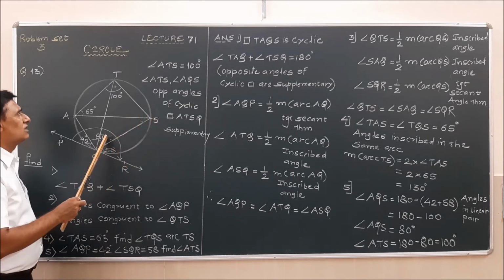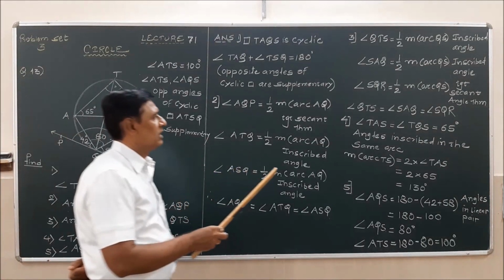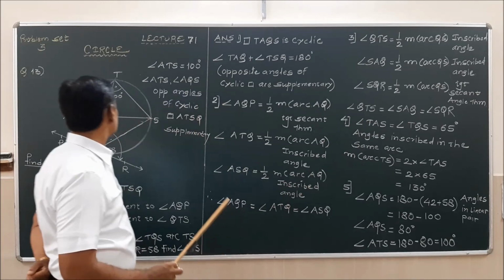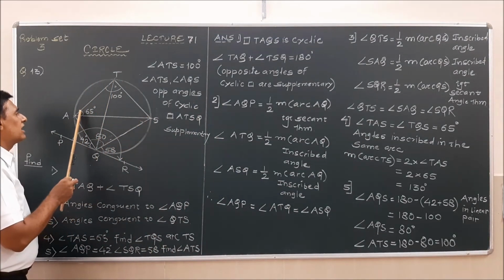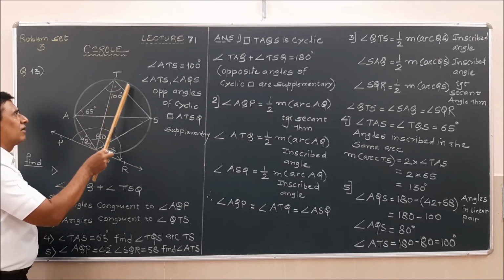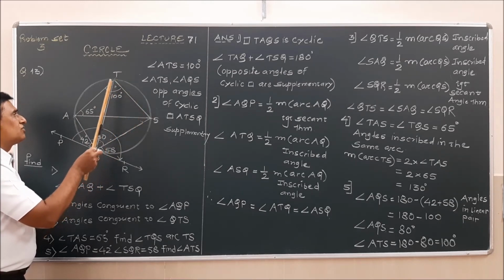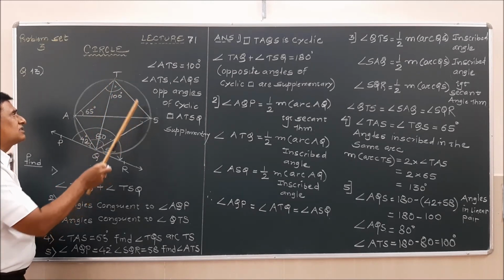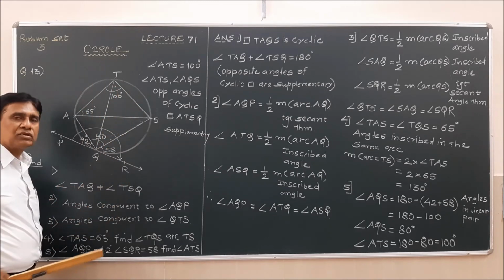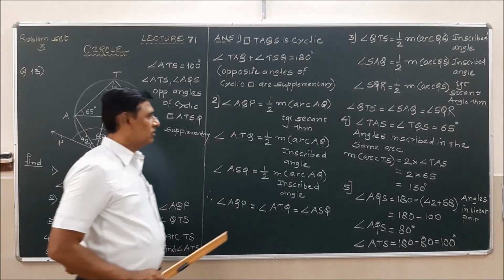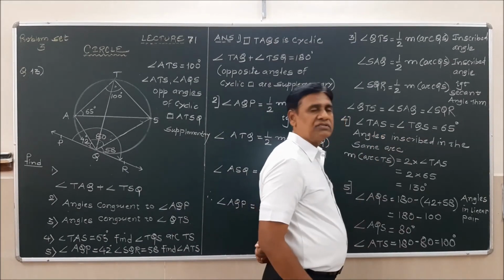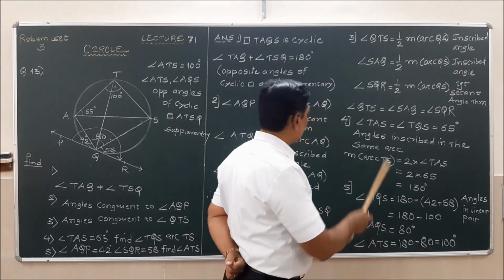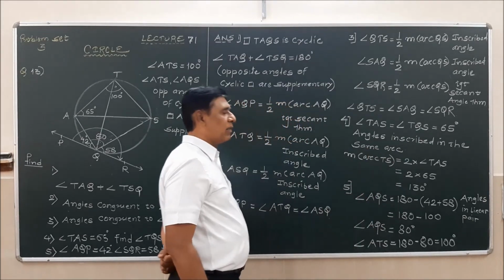TQS is also 65, because angle TAS is equal to half arc TS, as well as angle TQS is also equal to half arc TS. So this is how you get angle TAS is equal to angle TQS, that is equal to 65. Angles inscribed in the same arc.